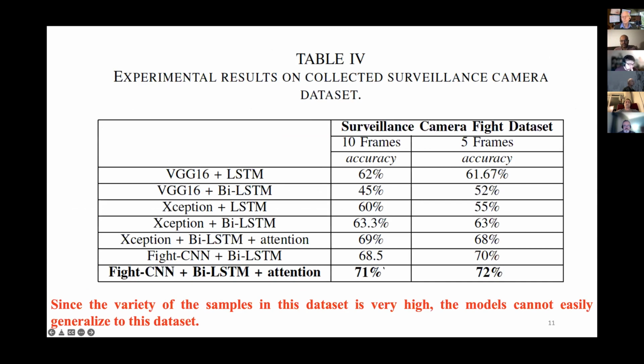This is roughly 70%. They claim that different types of movement are involved in the surveillance camera dataset. That is why their model is not able to generalize. That's what they are claiming. That is why they got the 70% accuracy. Can I ask a question?